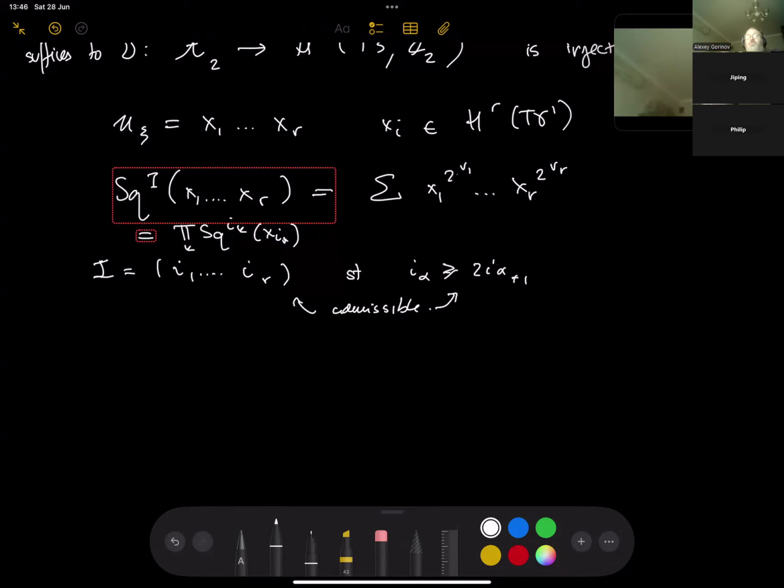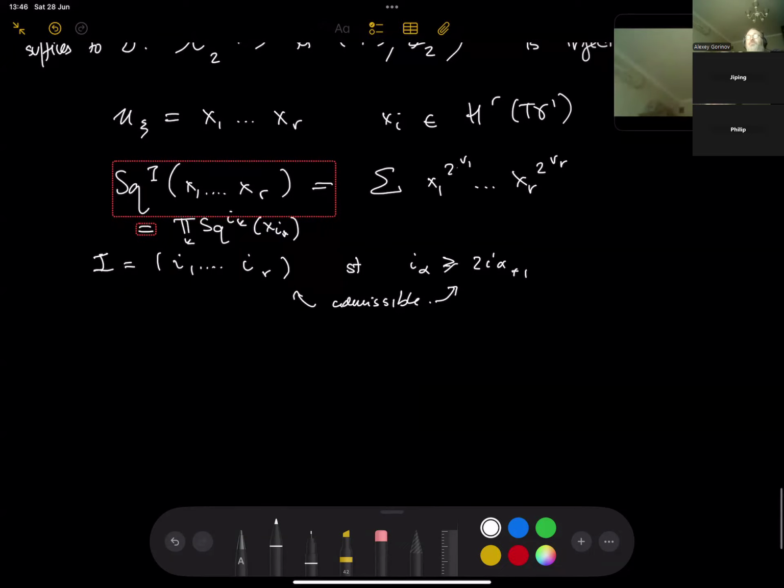And on the left-hand side, what is written is these v_j's, which are determined by alpha appearing exactly I alpha minus 2 I alpha plus 1 times in each of these indices.